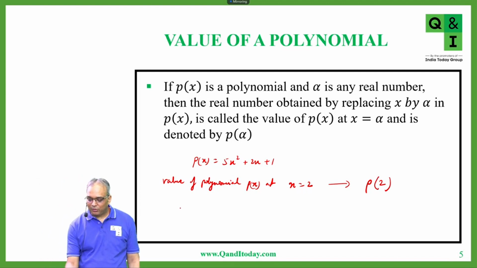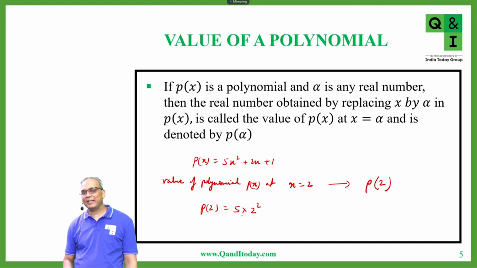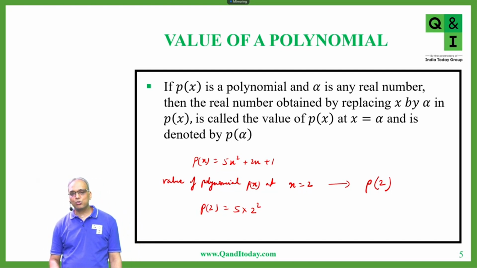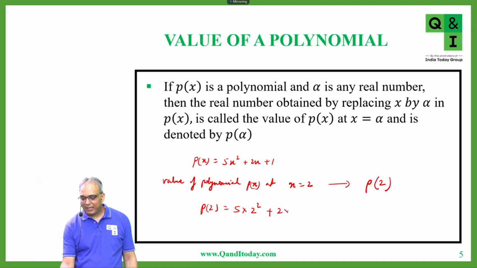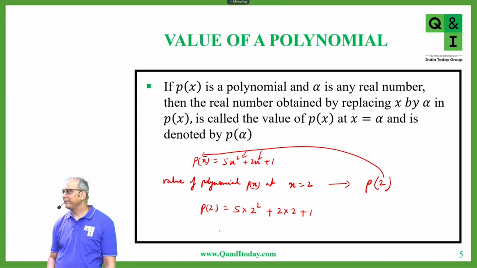So what we need to do is put the value 2 instead of x. So P(2) is equal to 5 into 2 square, because it was x square, plus 2 into 2, plus 1. So P(2) means wherever we had x, we will replace it by 2.